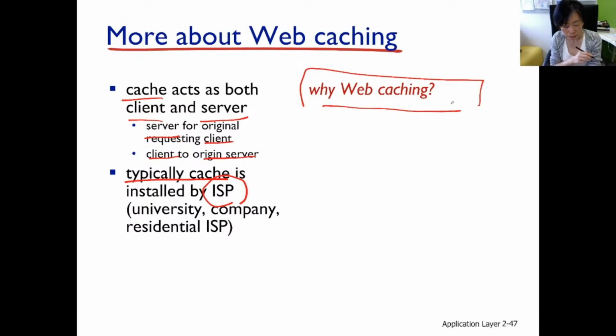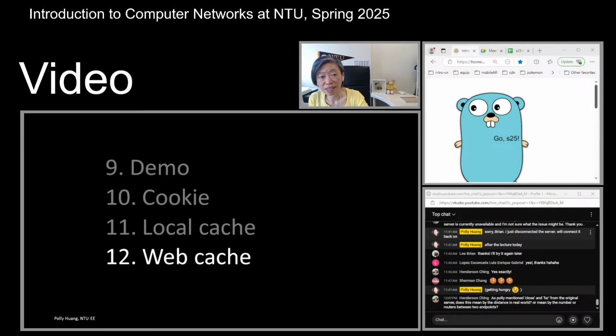Through this set of examples, let me take you through the benefit of doing web caching. In a nutshell, a lot more delay and bandwidth saving. All right, so that's the general idea of web cache. In a nutshell, you set up a proxy server midway between the client and the original server. Let me use a scenario that is a little more general, and let's walk through that, then you will see the benefit of doing web cache.